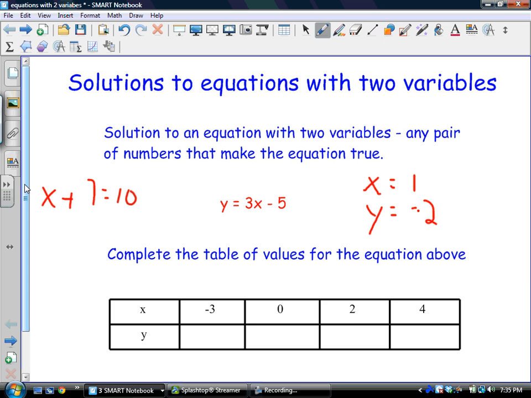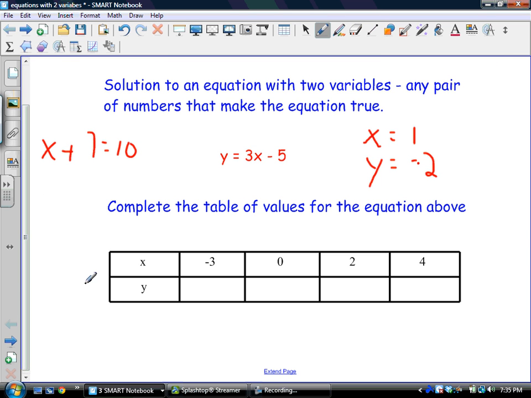Generally when we do these, we usually are happy with finding 4 solutions. So that's what we're doing on this one. Complete the table of values for the equation above, y equals 3x minus 5. We've got x values to put in, and we've got to figure out the y values.